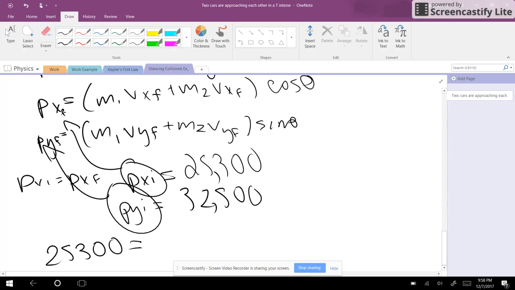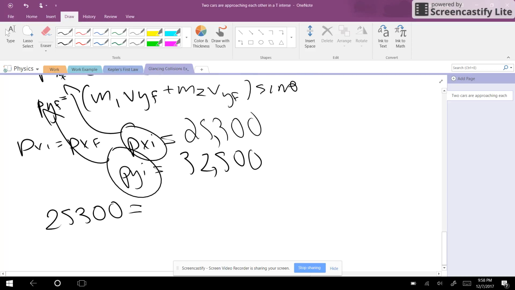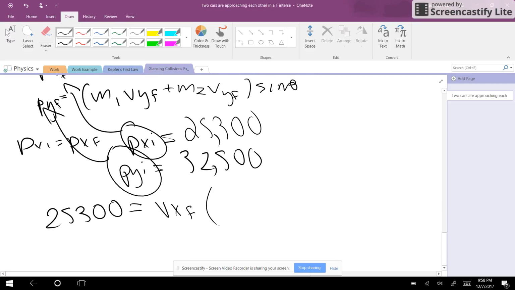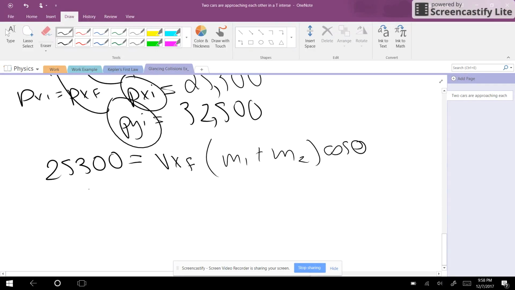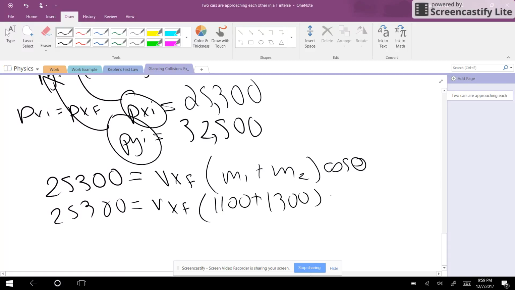It's going to be for the x, and we can factor out the vxf right there and make that the unknown: m1 plus m2 times cosine theta. And we can plug in everything we know now. 1100 plus 1300 times cosine 0.1.